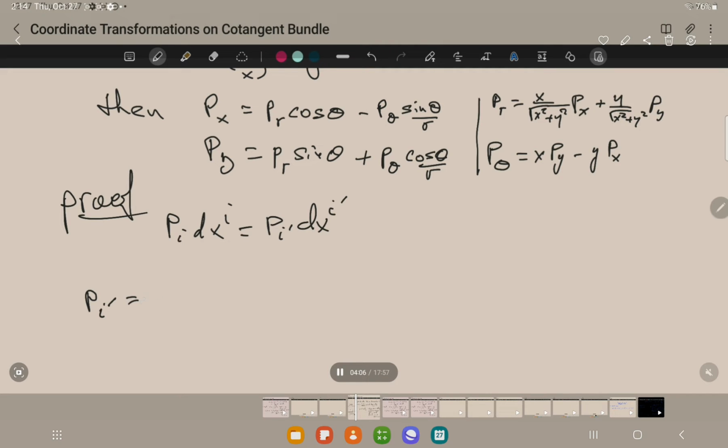Let's see how the pi transform. Since the index of pi is downstairs, it transforms like the basis for the tangent bundles, so the prime goes downstairs. We're going to use this formula to get our transformation into the new coordinate systems.